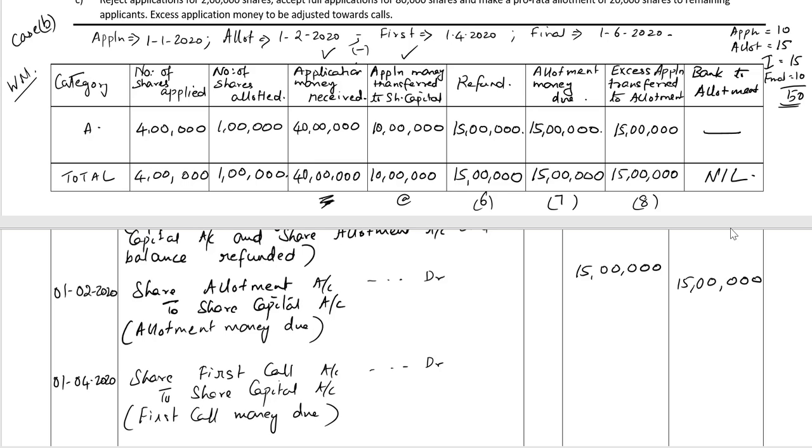The amount which is due is the number of shares allotted, 1 lakh shares, multiplied by 15 rupees per share. So that's 15 lakh rupees.